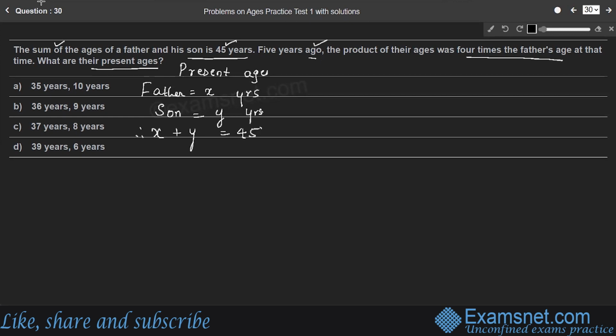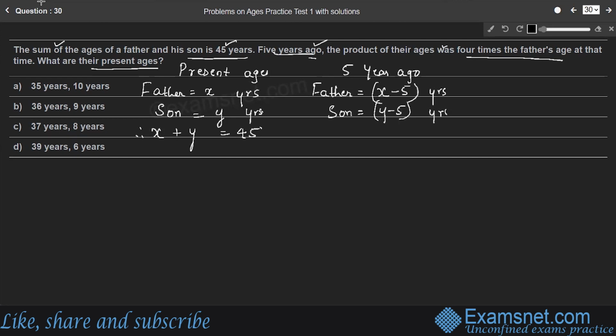So we'll consider their ages 5 years ago. Father's age was X minus 5 years, whereas son's age was Y minus 5 years.